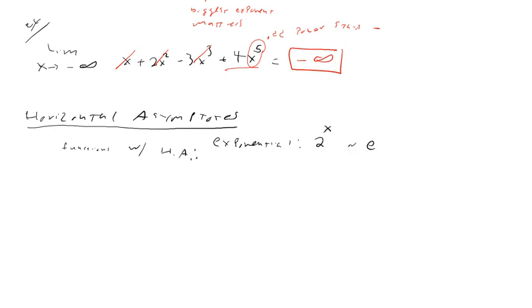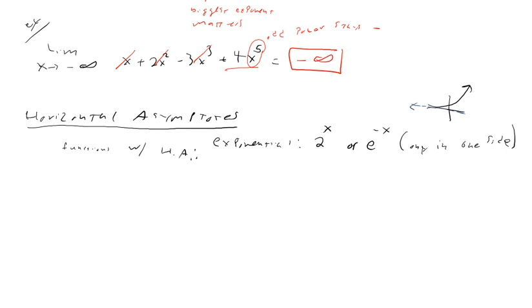Exponential functions have horizontal asymptotes, usually only in one direction. Usually only one side of that function has a horizontal, right? Because they look like this, and so the only horizontal asymptote is this direction, right? So they have a horizontal asymptote on one side and infinity or negative infinity on the other.